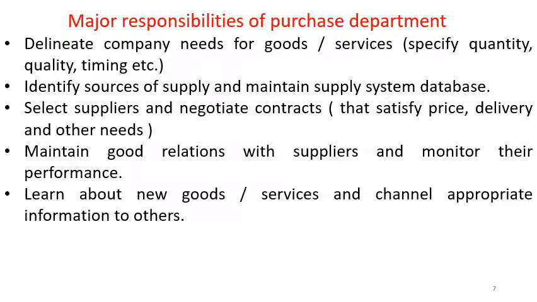Next is to learn about new goods and services and route or channel appropriate information to others. So you should always be on the lookout for new goods and services, new suppliers, because ultimately the effectiveness and productivity of the organization is also important.